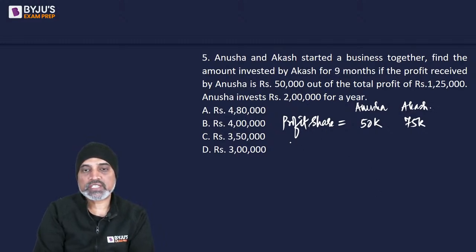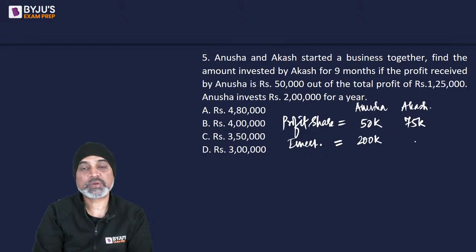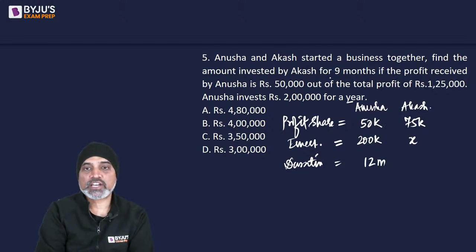Now, what is the investment made by Anusha? The investment made by Anusha is 200,000. What is the investment made by Akash? We don't know. So let's call this X. The duration for which Anusha made the investment was a year, that is 12 months. The investment that Akash made was only for 9 months.